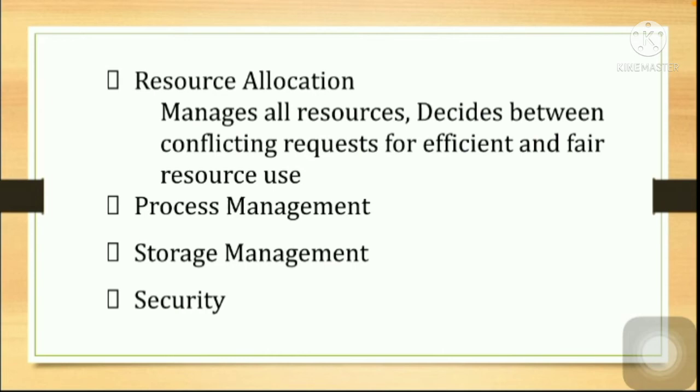Now they require the CPU, central processing unit, for execution. This CPU is to be allocated to each process for some time duration, and to whom to allocate it first and to whom later on, all this decision is done by the operating system. For this allocation, operating system uses scheduling algorithms. How to schedule them? For this they use the CPU scheduling algorithms. CPU scheduling algorithm is again a different topic which we will see further.